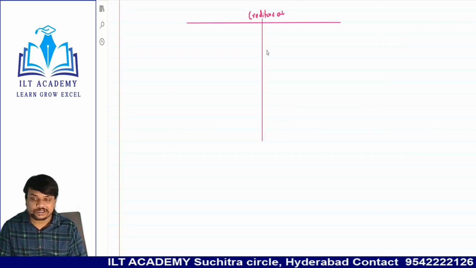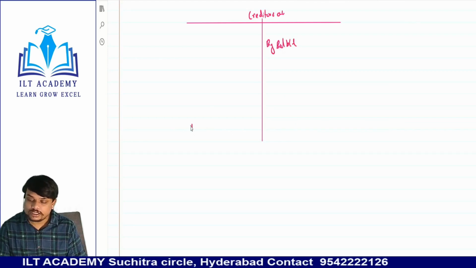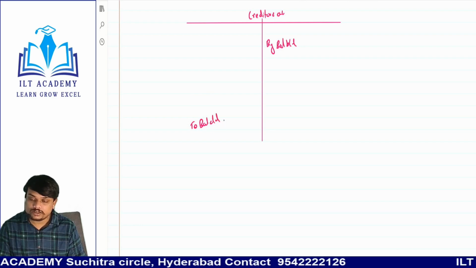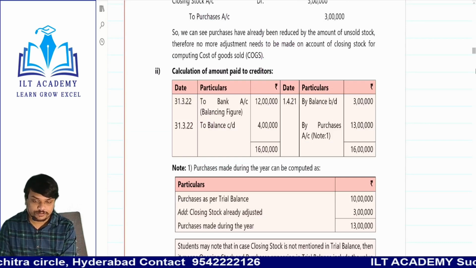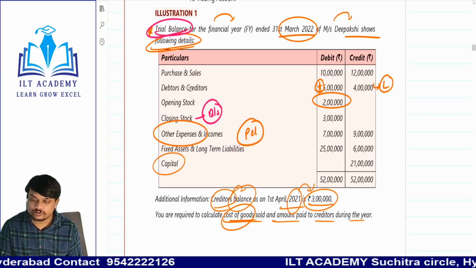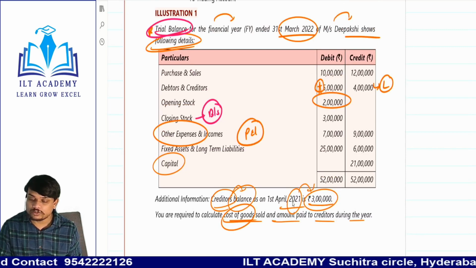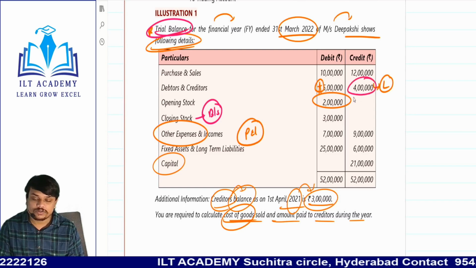So liabilities will always have what? Opening credit balance, by balance brought down and to balance carried down. And what is the opening balance? It is given in the question. Creditors opening balance is 3 lakhs and creditors closing balance is 4 lakhs.